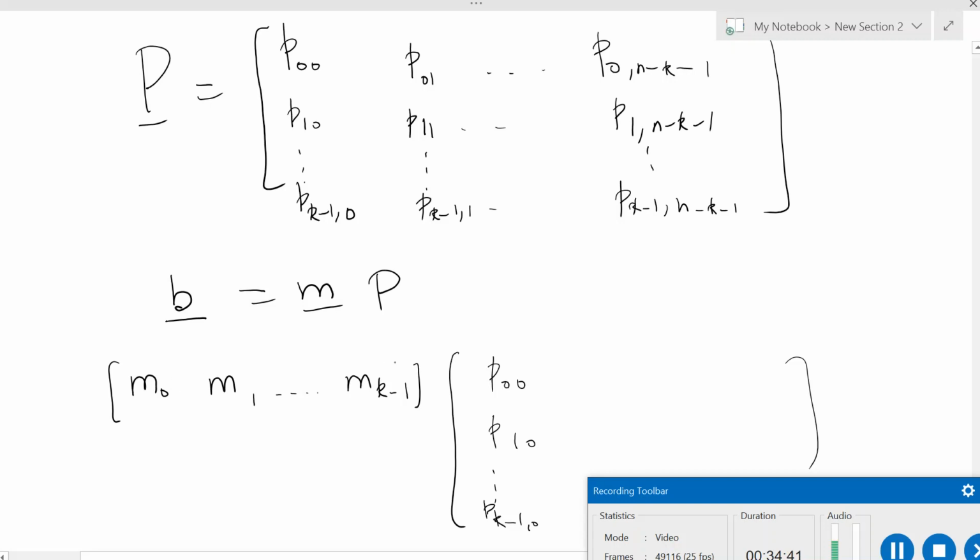So you will see that you have to multiply it with m0 p00, m1 p10, and mk minus 1 pk minus 1, and you will get the required parity bits.